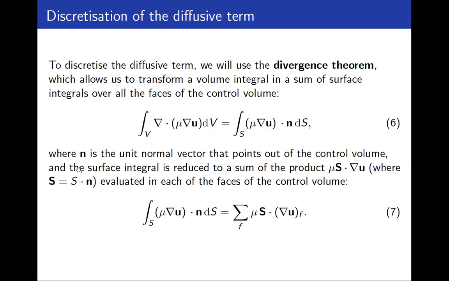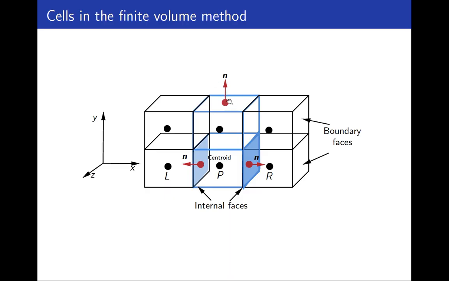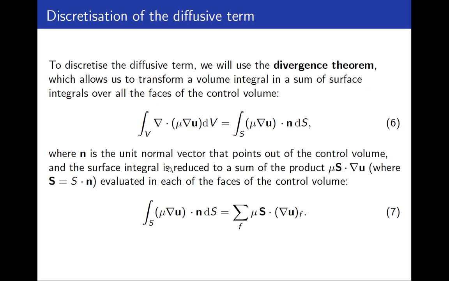So here n is the unit normal vector that points out of the control volume. So n is defined as this vector. It will point outwards. So this n will be different for each of the faces of your cell. So for instance, n will point out in this direction for this face. On the other hand, for this face, it will point out in this direction, and so on.